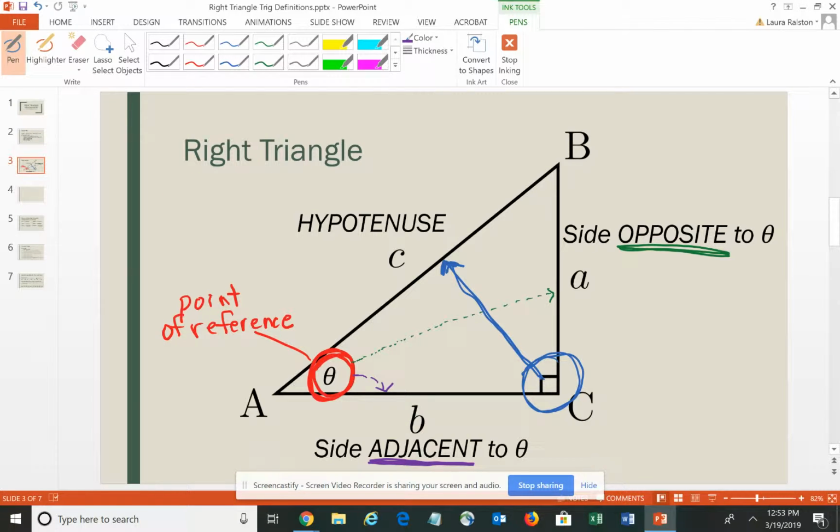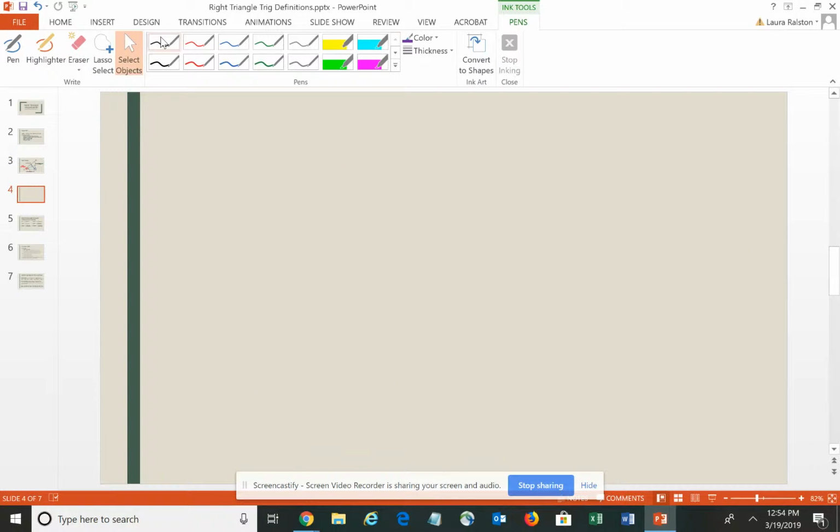So in terms of the triangle, we still have the hypotenuse, which is the side opposite the right angle. And then the other legs, we talk about them being either opposite the angle or adjacent to the angle. You have to pay attention to the point of reference. This holds true regardless of the orientation of your triangle. Even if my triangle is turned in the other direction, I still have my right angle, and across from the right angle is my hypotenuse.